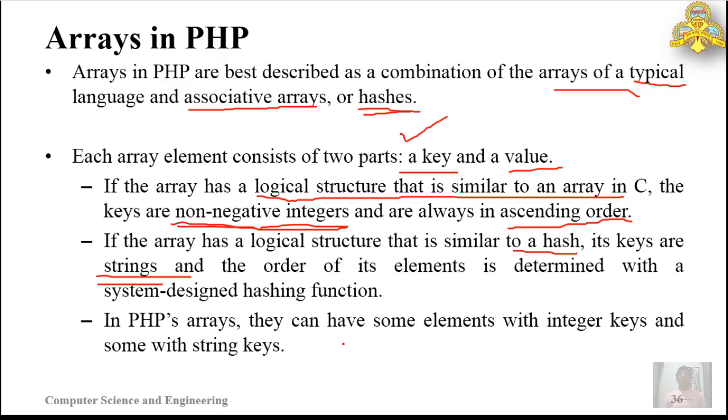Arrays can have integer keys and also string keys, and the types of elements can be mixed in arrays too. Just like in C, we don't have any integer array restricted to only integer values. We can have integers, floats and also strings in one array.